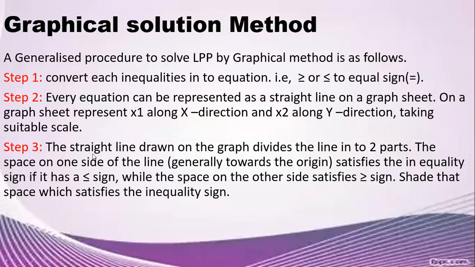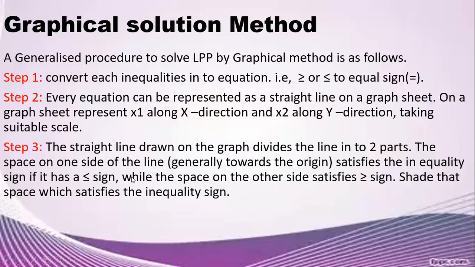Step 3, the straight line drawn on the graph divides the plane into two parts, and the space on one side of the line satisfies the inequality if it has a less than or equal to sign, while the space on the other side satisfies the greater than or equal to sign. Shade that space which satisfies the inequality sign.